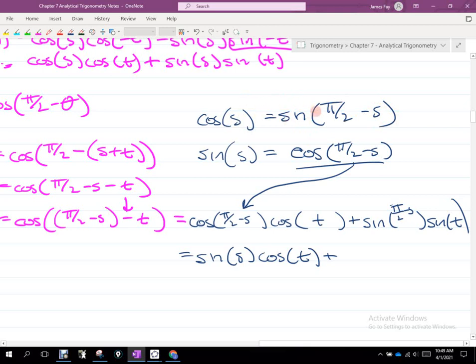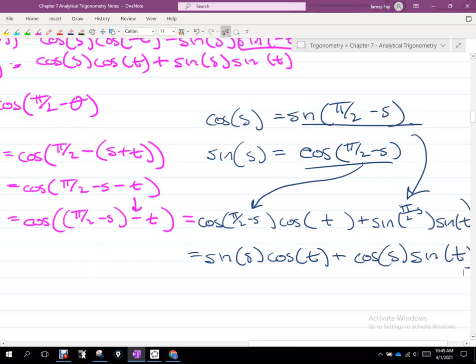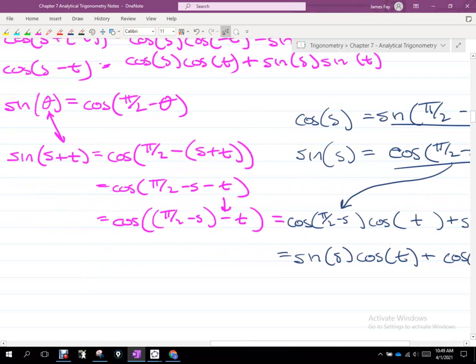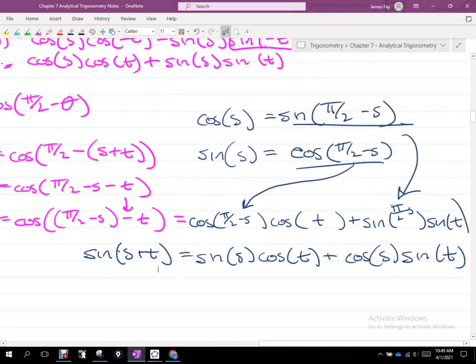Those are the horizontal shift transformation rules that we talked about. So I can rewrite this as cosine S sine of T. And now what we have here, this is what we started with, sine of S plus T equals sine of S cosine of T plus cosine of S sine of T. And that's our sum rule for sine.